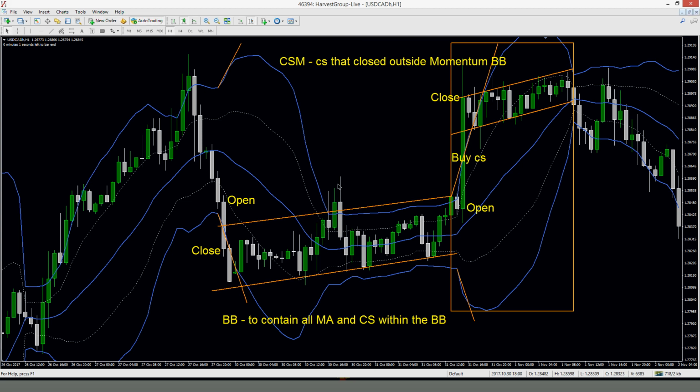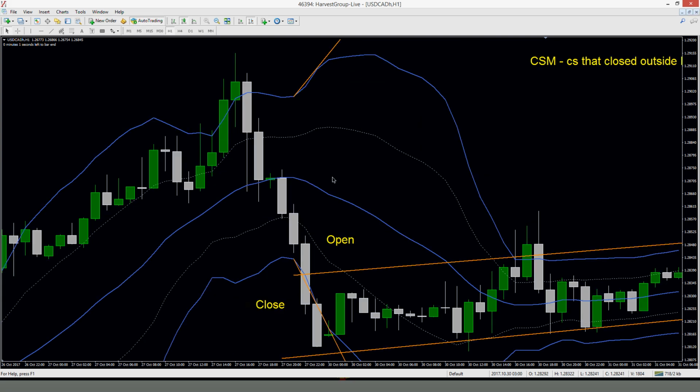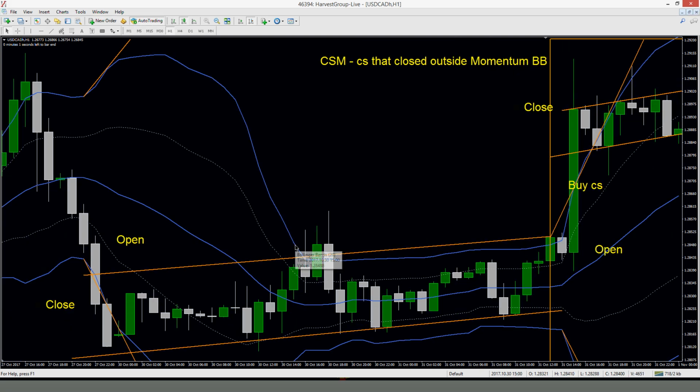Okay, so let's say for example that this candle over here, let me zoom that in. So now we're talking about sideways Bollinger Band. So every time the candle rejects or breaks, the price will move towards middle BB. Okay, so now as you can see, this candle over here opens on the top and closes at the bottom.